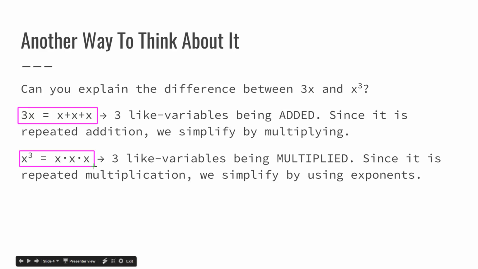Instead of doing 4 plus 4 plus 4 plus 4 plus 4, we just said, well, what's 4 times 5? Instead of doing x plus x plus x, we said, what's 3 times x? Same thing with exponents. So in this box down here, instead of saying x times x times x, we can just say x cubed. That little number up top tells you how many times you are multiplying that variable or that base by itself.